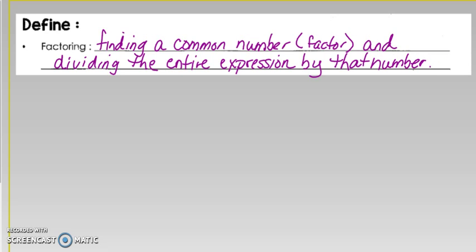We are essentially doing the distributive property in reverse.